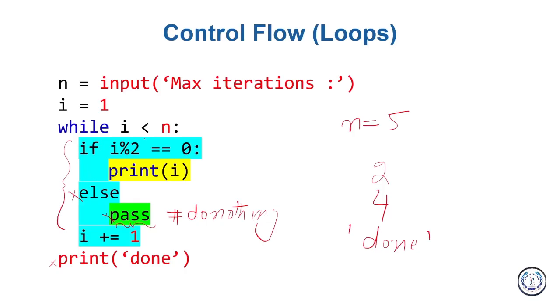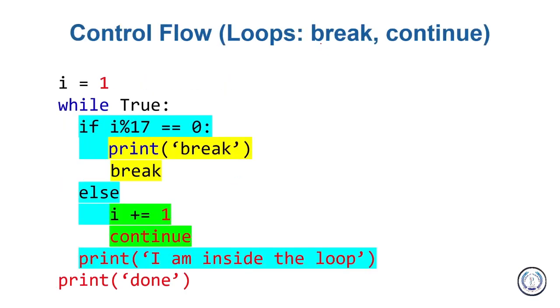Okay, so next there are two important statements. One is break, one is continue. I want to focus on these statements because they have a deep link with loops. A break statement, wherever written inside the body of the loop, tells it to exit the loop immediately. Whenever this break is encountered, it exits the loop immediately and brings you outside the body of the loop.